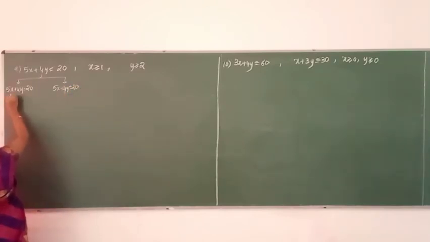So when x is equal to 0, y will be 20 divided by 4. So 4 5s are 20.